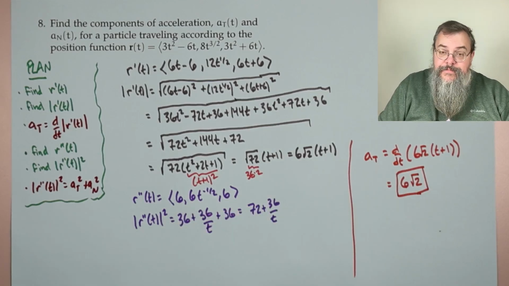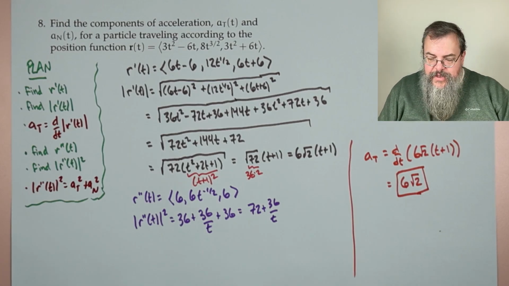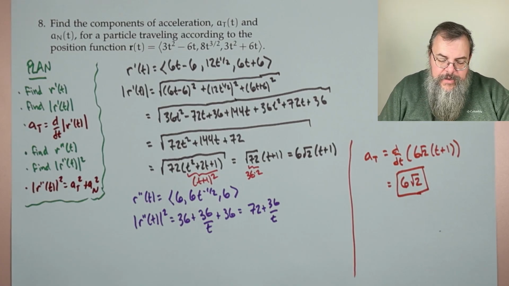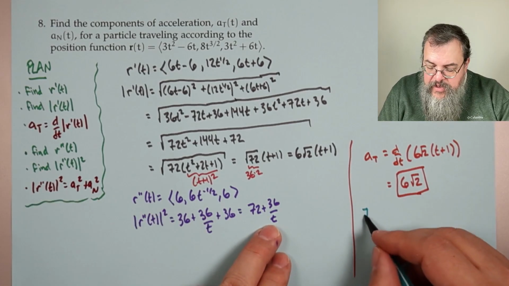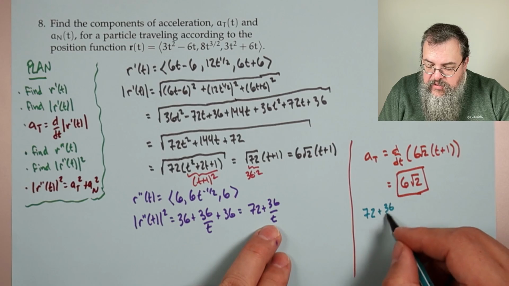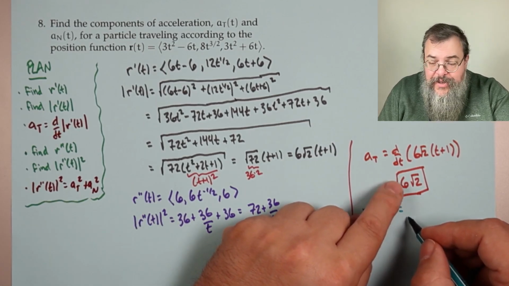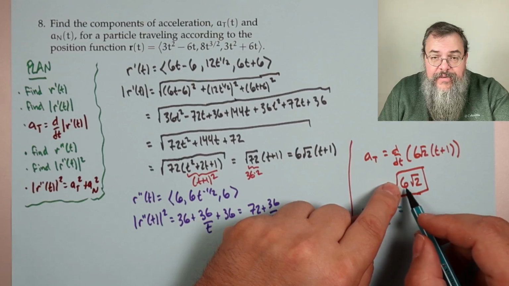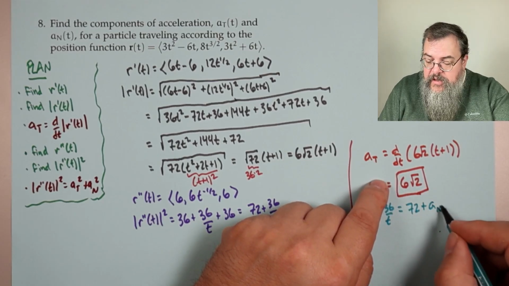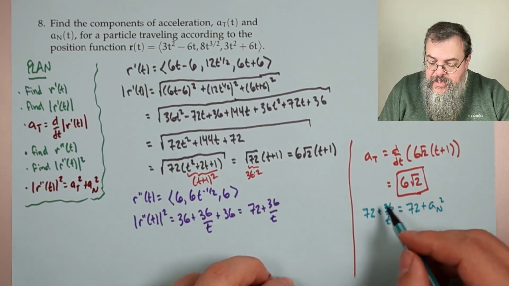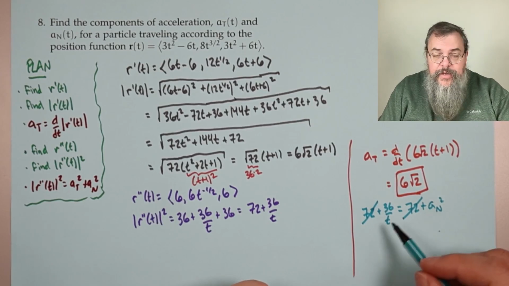Now, we come to our a sub n. For that, what do we have? We have the magnitude of r double prime squared, 72 plus 36 over t, is equal to a sub t squared. So square that number, that'd be 36 times 2, which is 72, plus a sub n squared. We see the 72's cancel. Nice. And now you take the square root of both sides.